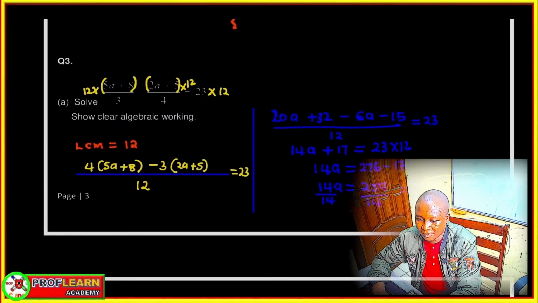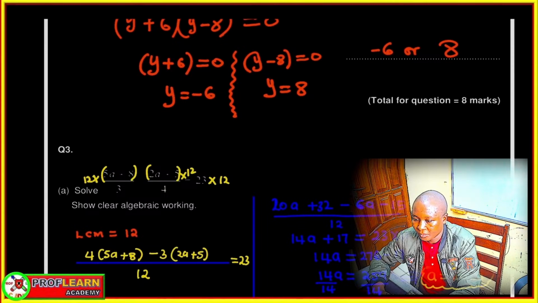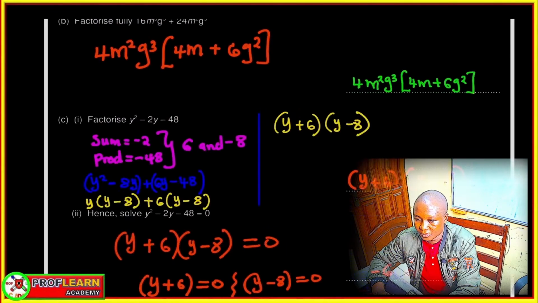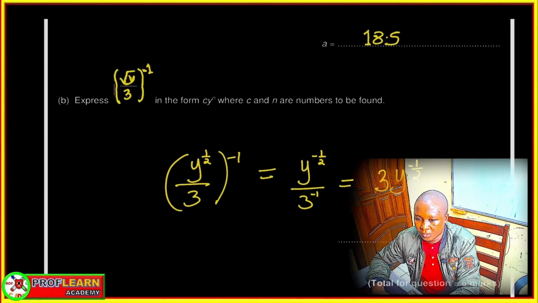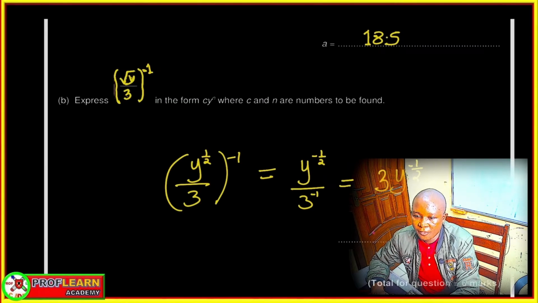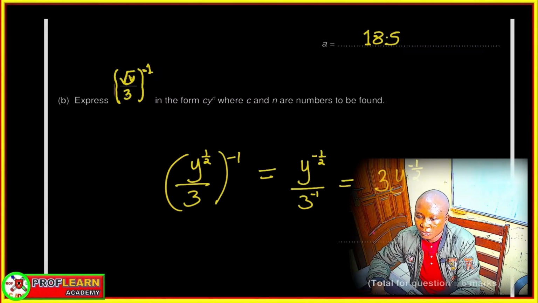All right, so let's proceed. Do the next question. If you are having root y over 3 in brackets raised to power negative 1, we are supposed to write this in the form c raised to power n, where c and n are numbers to be found.